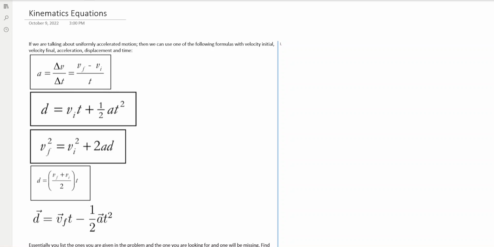The benefit of looking at that is that if you label all of the different values, so velocity initial, final, displacement, time, and acceleration, all 5 different values, each one of these equations is missing only one of those values, which means that we can solve for the other ones if we have 3 of these values. So we only require 3 values.